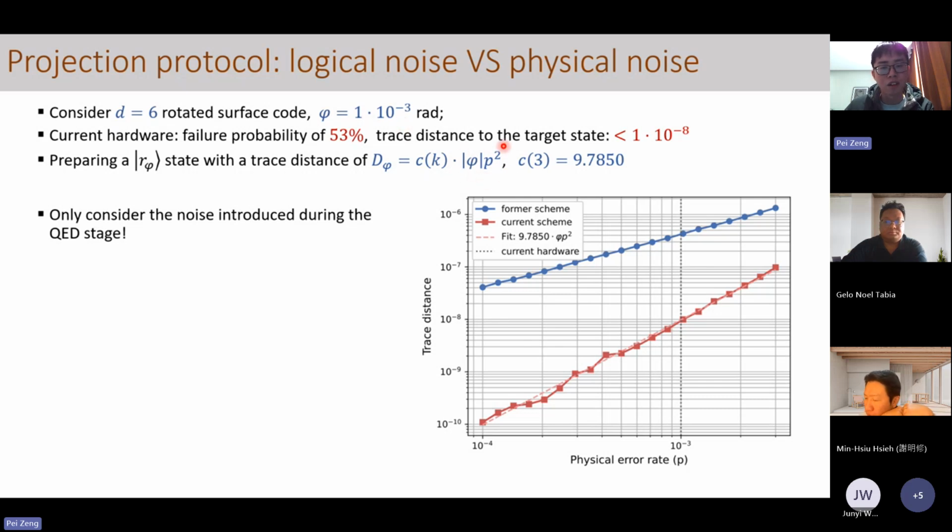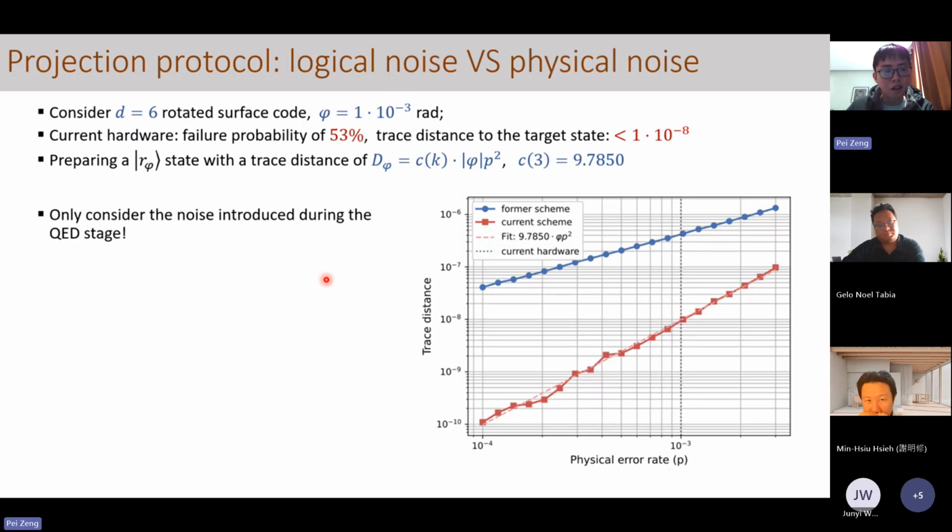So 5p squared is 10 to the -9, and the constant here is 9.78. So basically, the final rotation state you prepared has a very high accuracy, close to 10 to the -8.